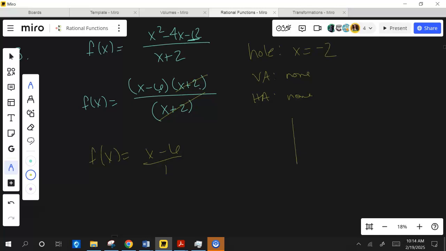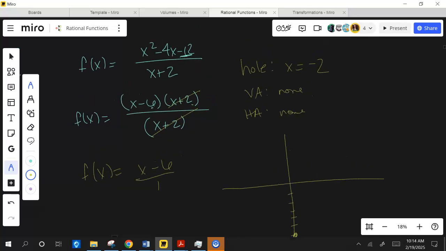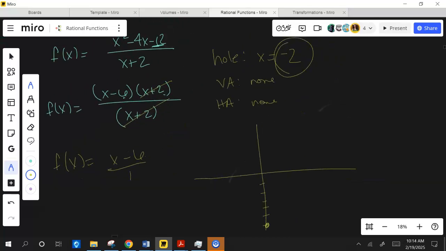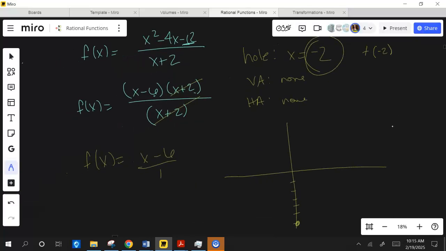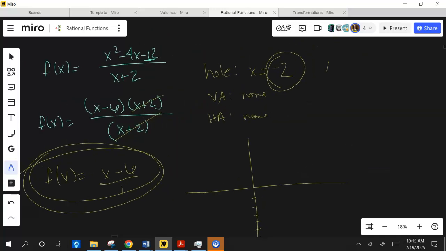All right, so if I graph this, I start at -6. 1, 2, 3, 4, 5, 6. My hole, where does my hole happen? At -2, what's the y value that goes with it? How do I find the y value that goes with my hole? You plug it in, right? So f of -2, I'm plugging it into this equation after I canceled the hole out. -2 minus 6 is -8.